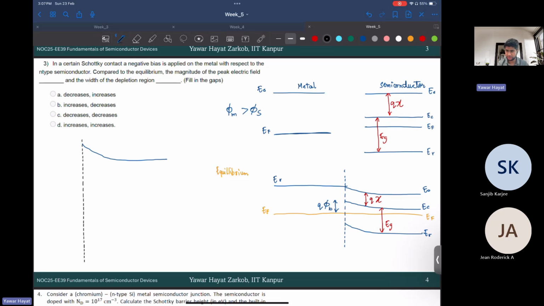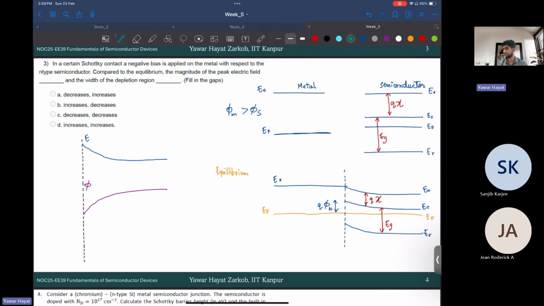If this is E, this is your phi, and then you have the electric field.